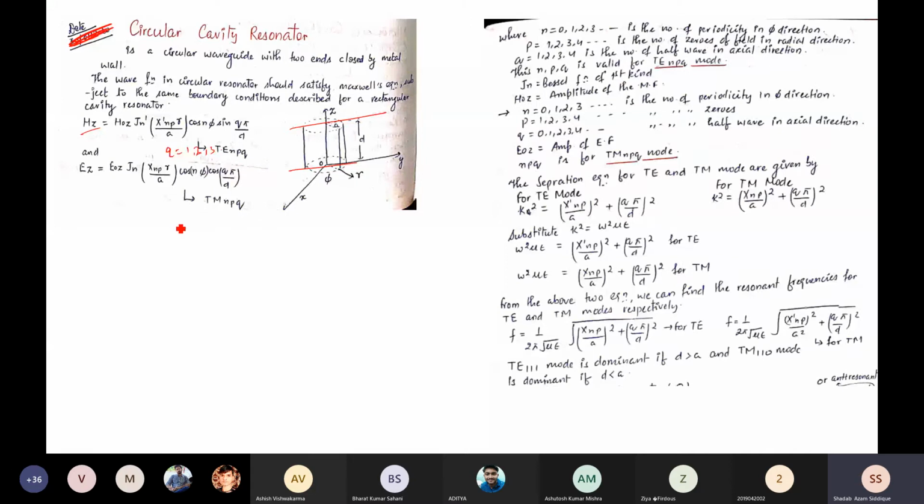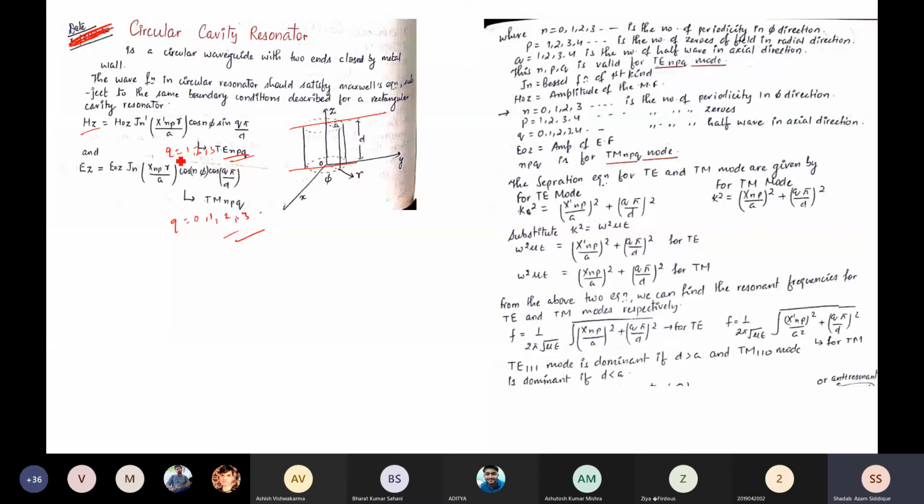NP we can find out from the X'np, from the Bessel roots, like we have seen for the Bessel function of the first kind. From that we have found the X'np table and the Xnp table. So we can find from that table if you want to use it in the problem.